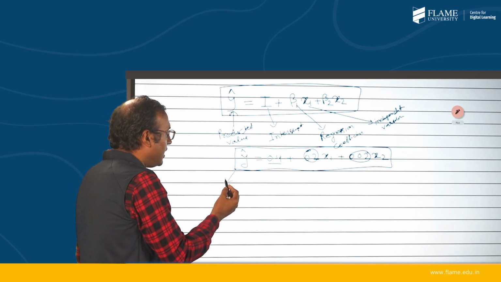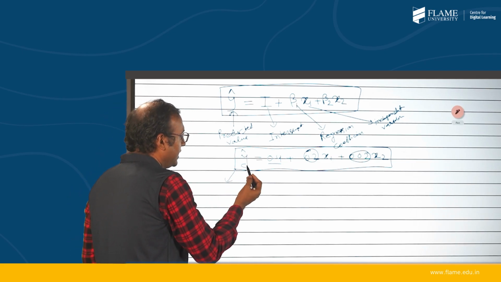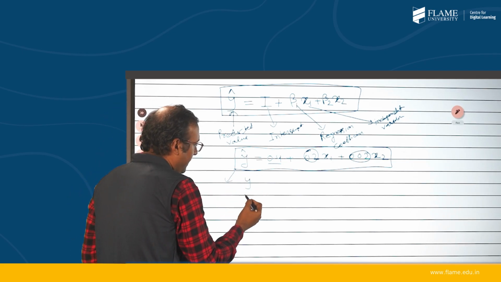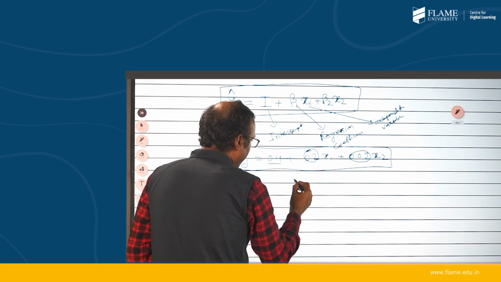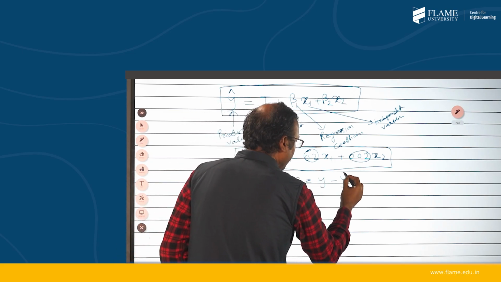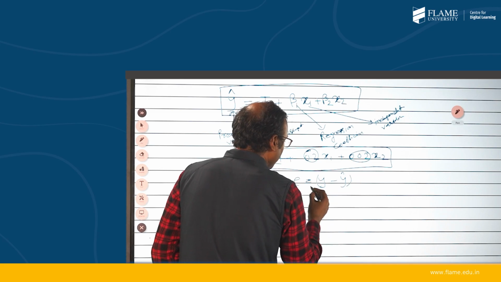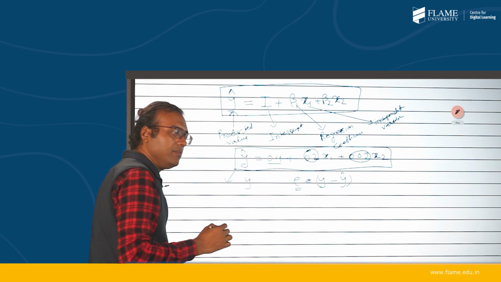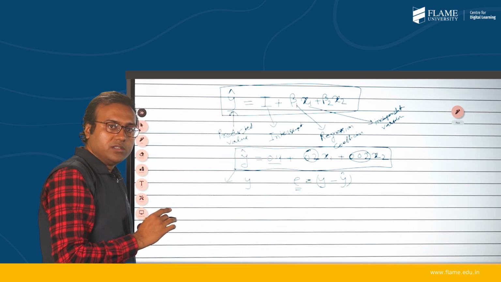Hence the prediction error, where you have an original value of y and the error E is equal to y minus y cap, should also follow the same normal distribution.